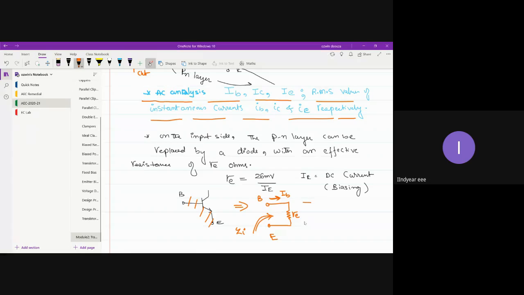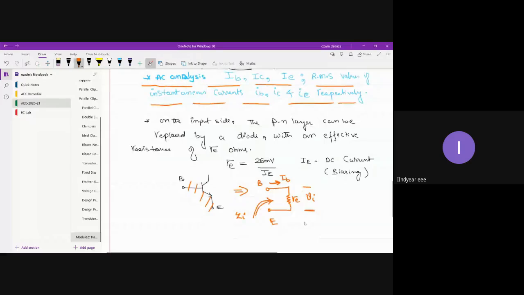Now the voltage measured across RE, let's take it as VI. And let us try to write down an equation for VI as well.